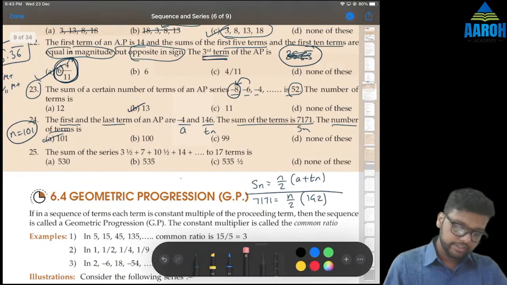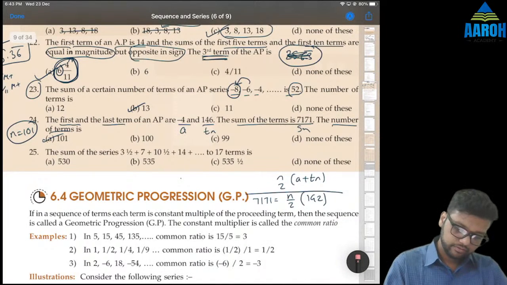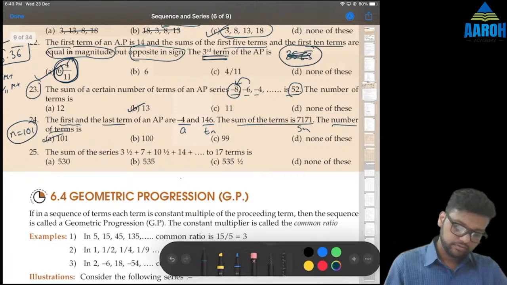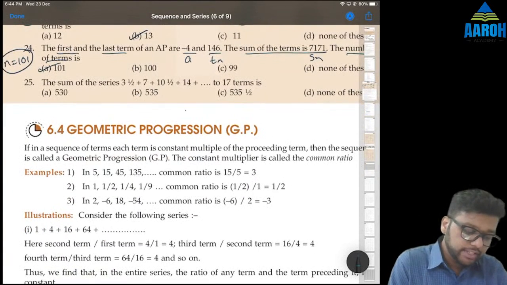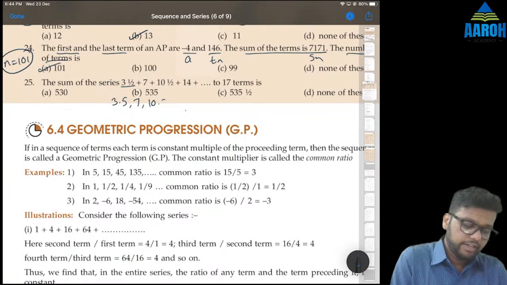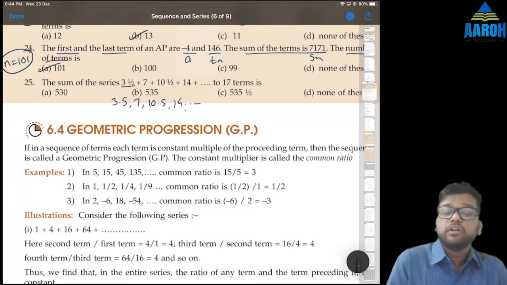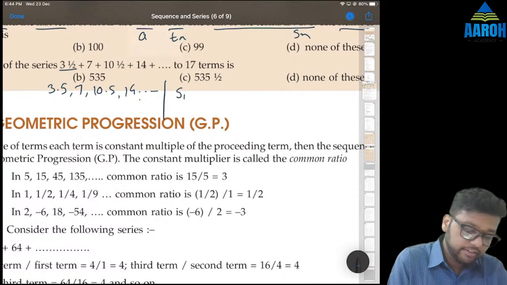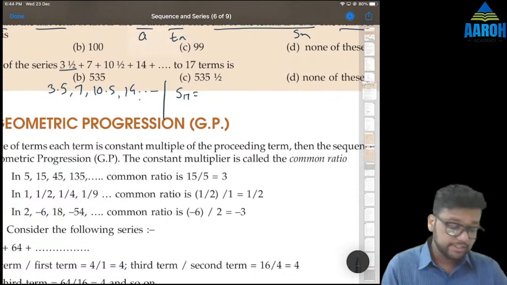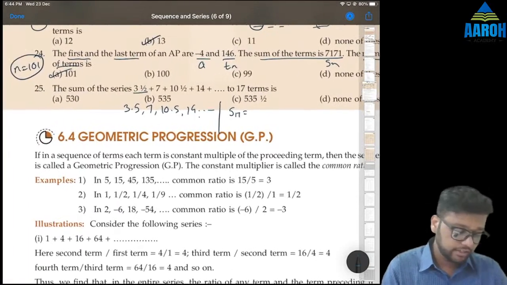Again, the last one is also easy. Last one for today. They are asking the sum of the series 3.5, 7, 10.5, 14 dot dot dot to 17 terms. That means we want S17. 24A is correct, Akanksha.